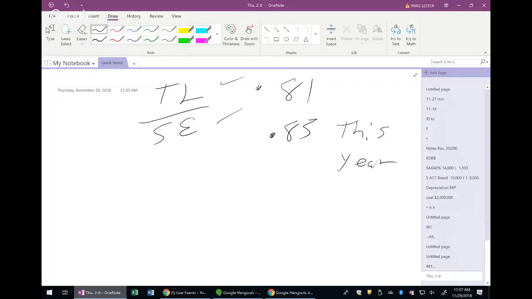Yeah, equity is more than your liabilities, which is good. If you did it the other way, you'd get a 1 point something. But this is equity ownership. Last year you had less ownership. You got more ownership this year.